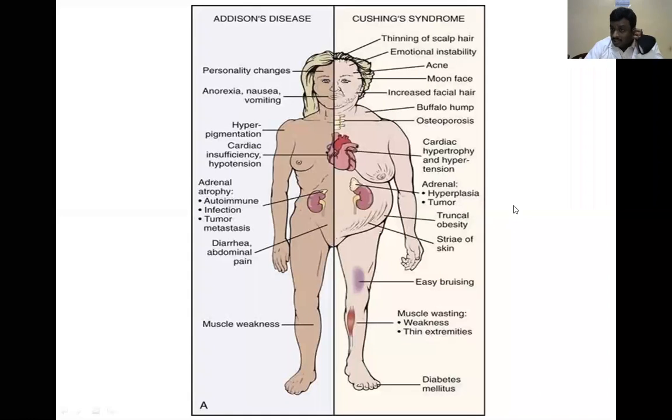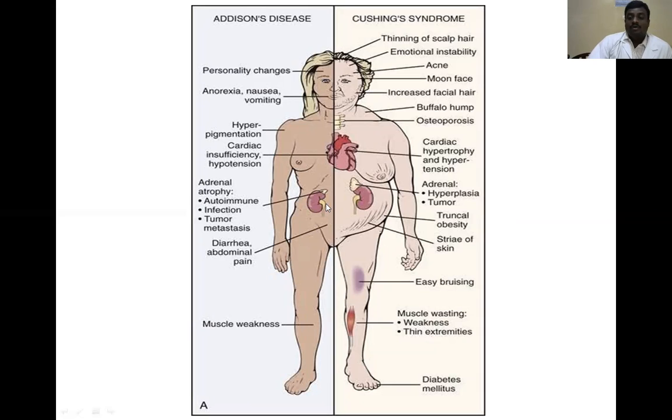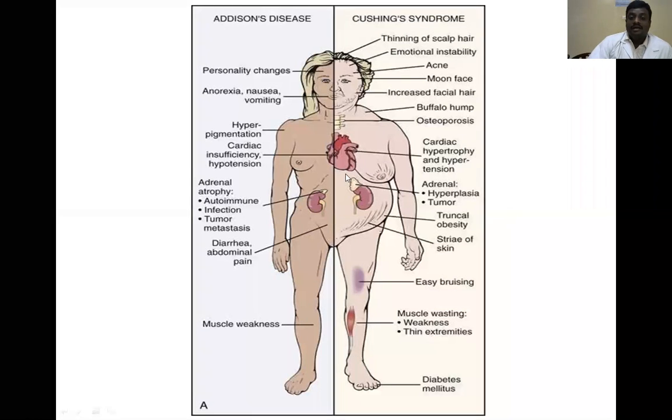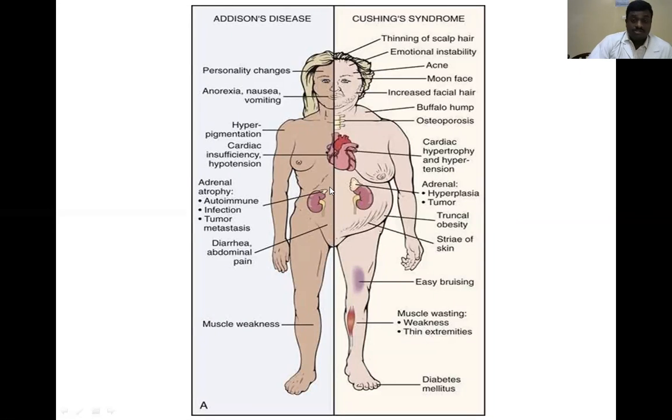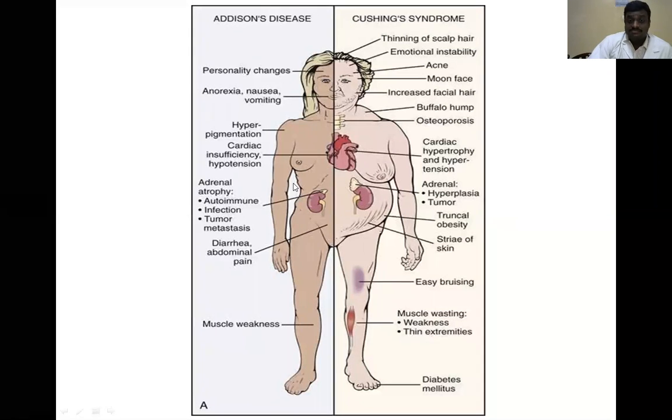If there are any adrenal gland problems, there are two kinds of diseases. One is due to an enlarged adrenal gland, and one is due to a reduced size of the adrenal gland. Addison's disease may be due to reduced size of the adrenal gland.